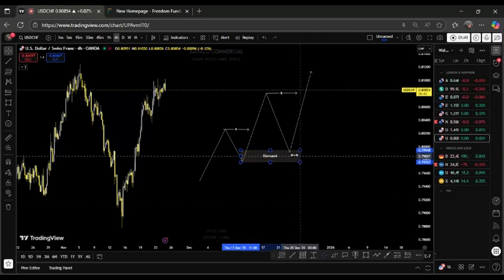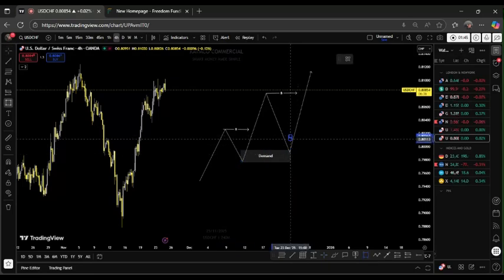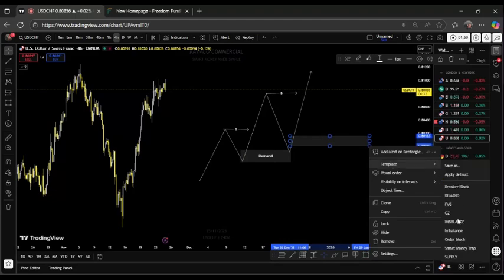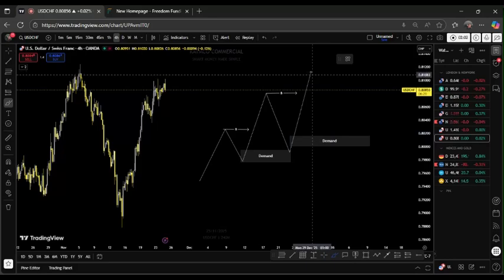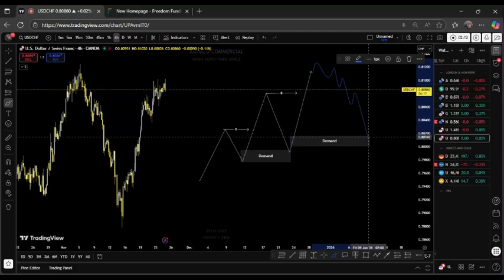But our entry criteria is indicated by certain things, right? So maybe you have a demand at this point, but instead of me entering on that demand zone, now that we have a break of structure to the upside, because the market is not perfect, it doesn't just go straight up, it keeps on playing on and on like this.